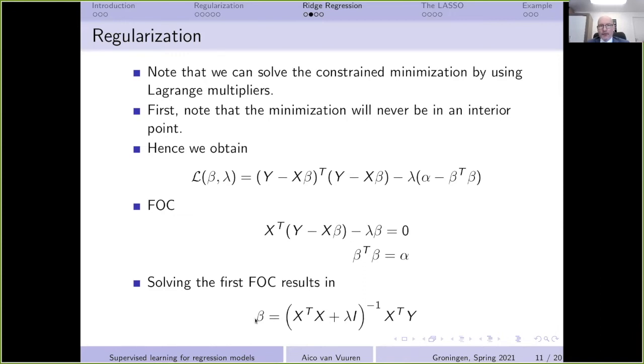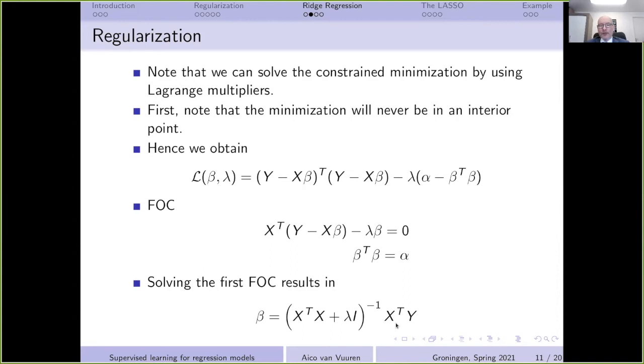Well, this looks like a very nice relationship. Beta is equal to X transpose X plus lambda I inverse multiplied by X transpose y.